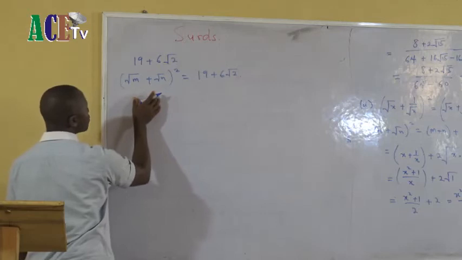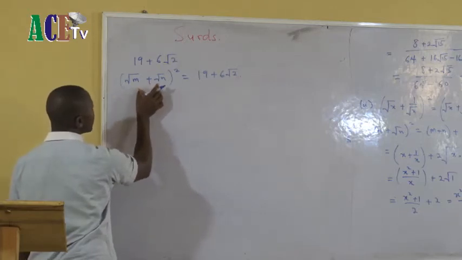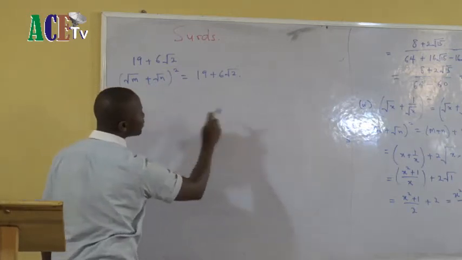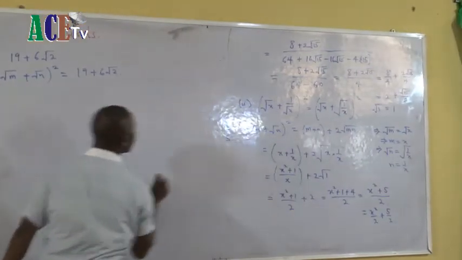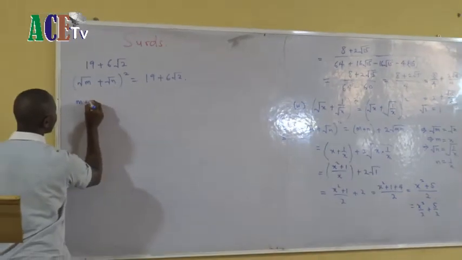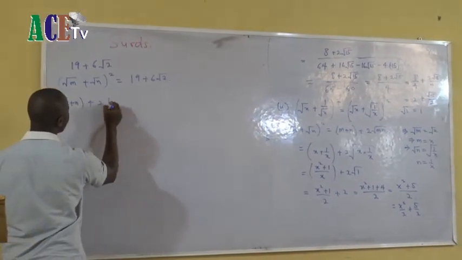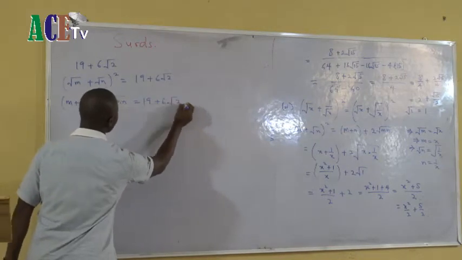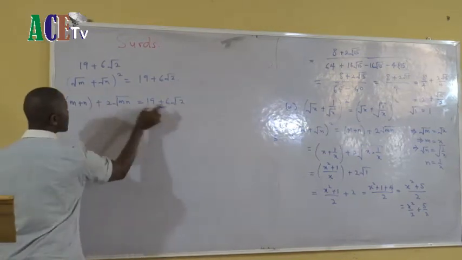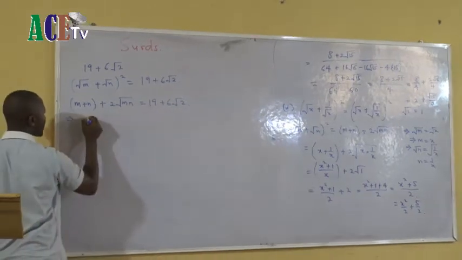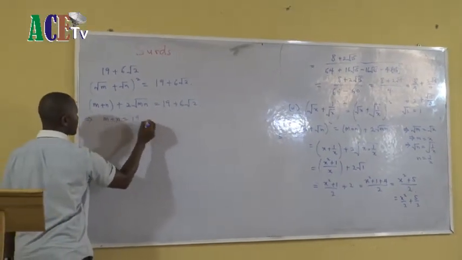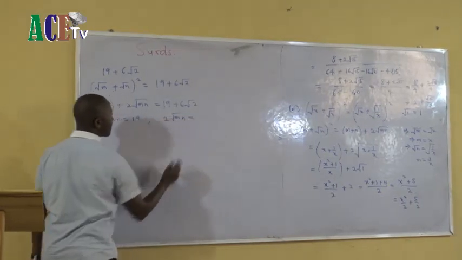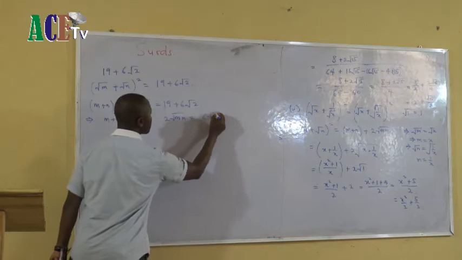So for us to do this, we would expand this, and comparing it with what we have here means that we would have m plus n plus 2 root mn equals 19 plus 6 root 2. Comparing this equation together will give us m plus n equals 19, and 2 root mn would give us 6 root 2.